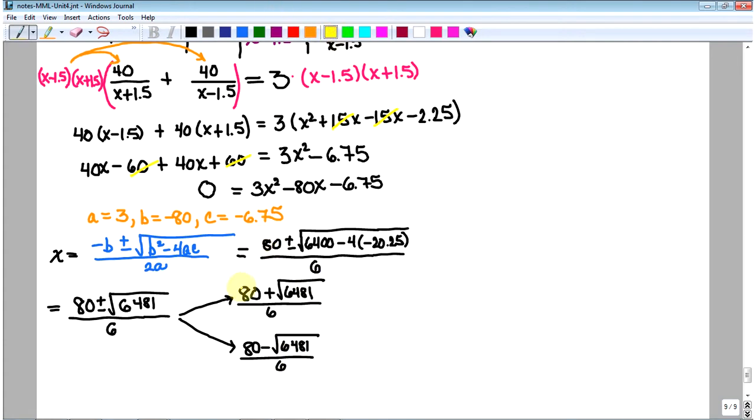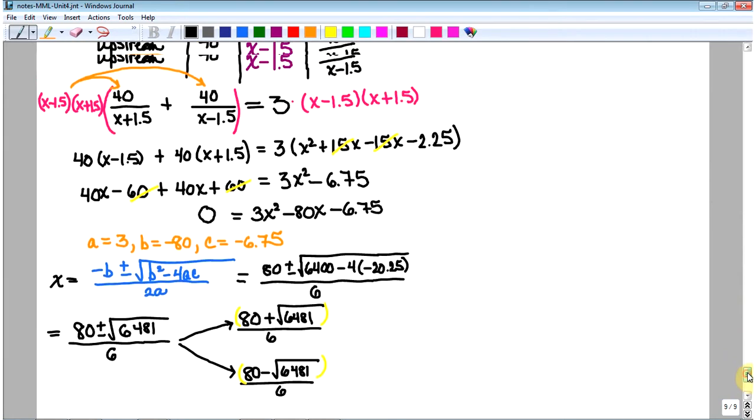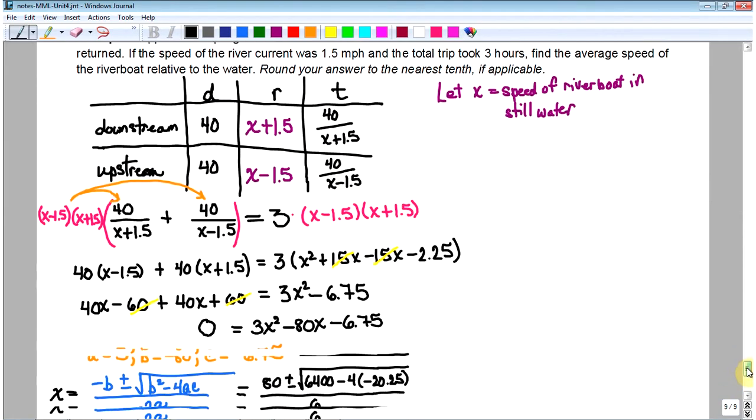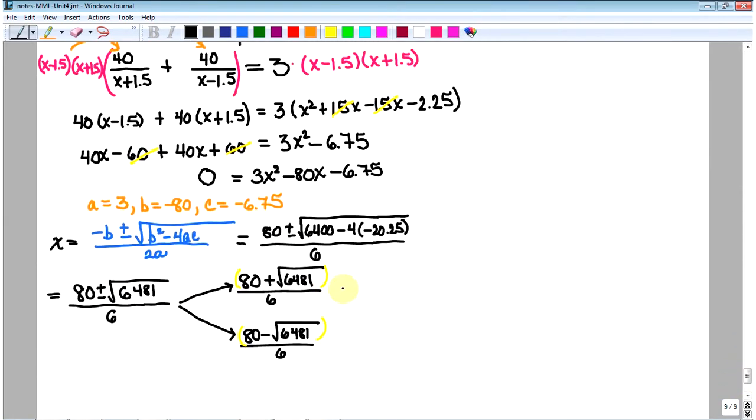To put that in your calculator in one step, remember that you need parentheses around your numerator before dividing by 6. The problem tells us to round to the nearest tenth if applicable. In my calculator, I'm doing open parenthesis 80 plus the square root of 6,481, closing my parentheses, and also closing the parenthesis for my square root, because my calculator gives me an extra one for the square root.